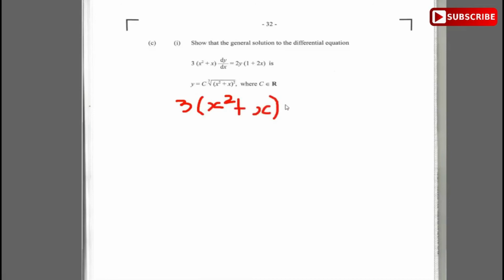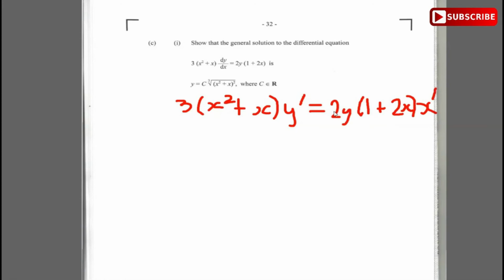Just for now, I'm going to write it as y prime, and that's equal to 2y times 1 plus 2x. And I said I cross multiply the dx, and I'm going to write the dx as x prime. All right, so we're good.